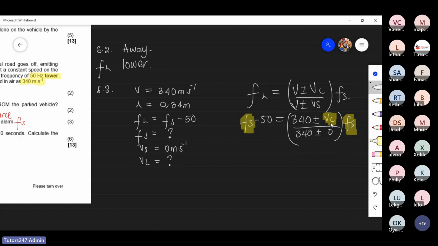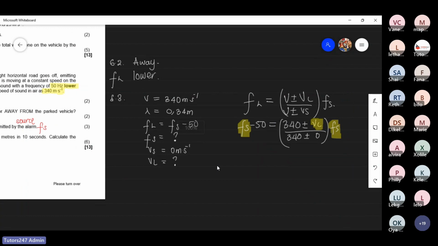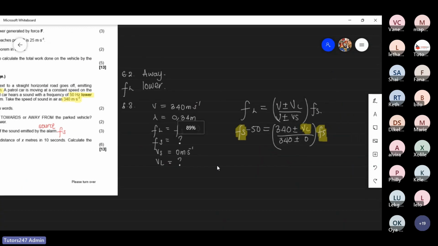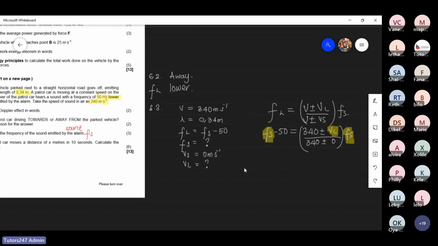But the issue is we cannot use simultaneous equations, because we do not have a situation whereby this patrol vehicle is going towards and away. In real life there is such a situation, but in this particular question, because we are given limited information, we cannot put in our away and towards formulas and use simultaneous equations.